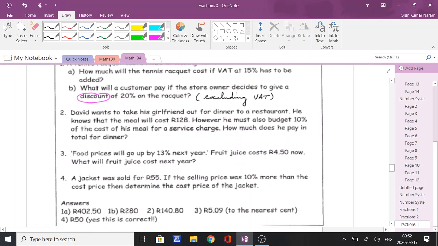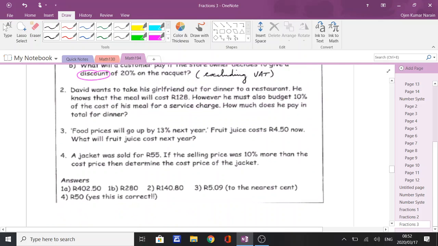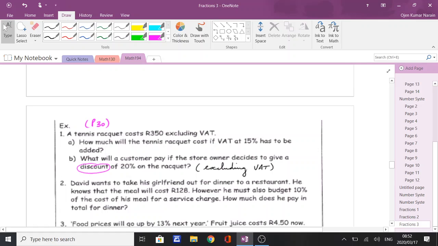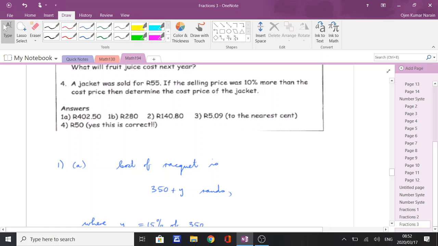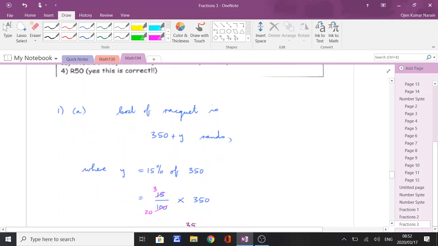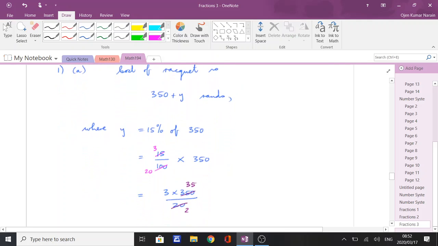So here we have more examples. Let's look at example 1. A tennis racket costs 350 rands excluding VAT. How much will the tennis racket cost if VAT of 15% has to be added? What will the customer pay if the store owner decides to give a discount of 20% on the racket excluding VAT? So the first part we have to work out the VAT of 15%. So the cost of the racket is 350 rands plus Y, where Y is 15% of 350.